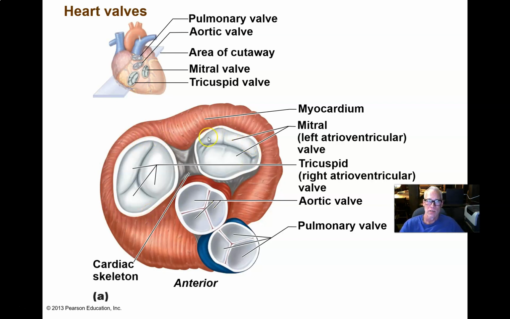Another thing we can note about this is the leaflets. Here's the mitral valve, and we know this because it has only two leaflets. It's the bicuspid valve. This is the valve between the atrium and the ventricle on the left side. Here's the tricuspid valve because it has three leaflets that, shown here closed, have slapped together during contraction of the ventricle. Now we see the semilunar valves here.